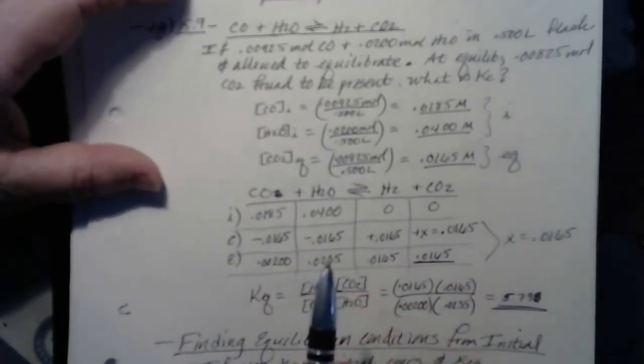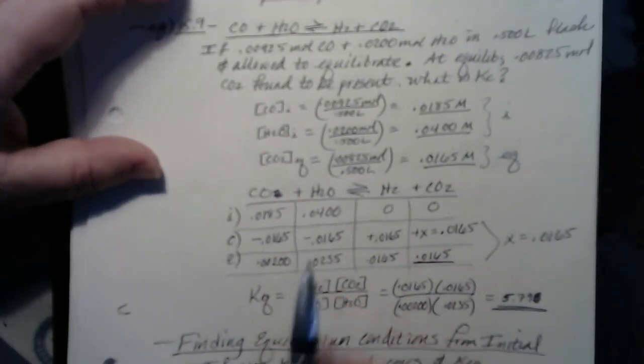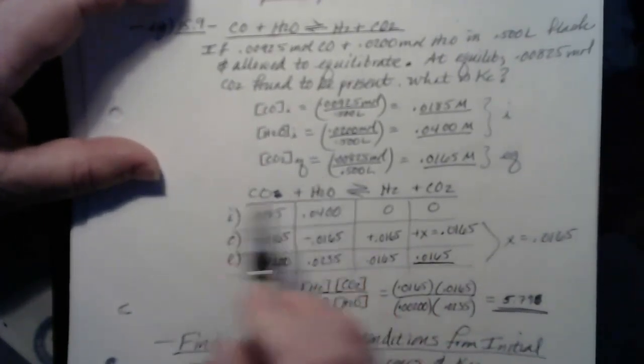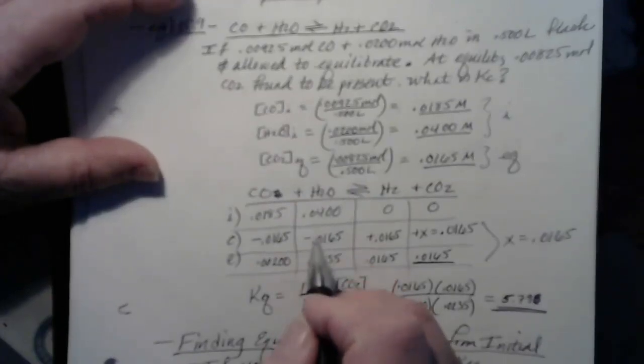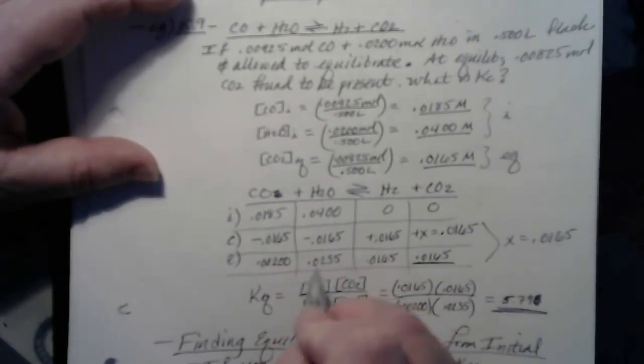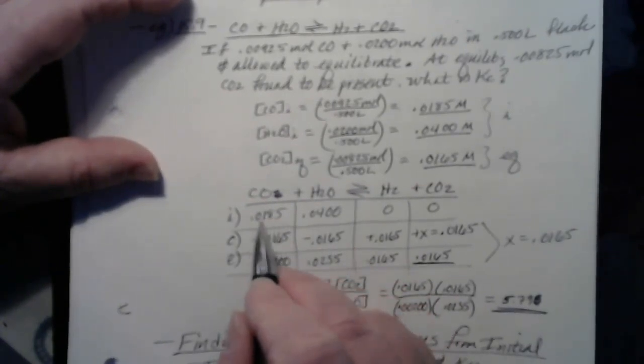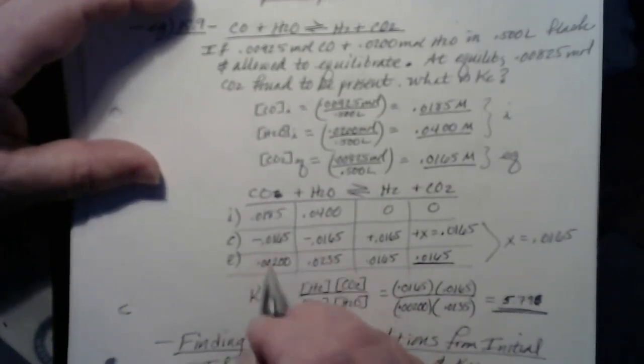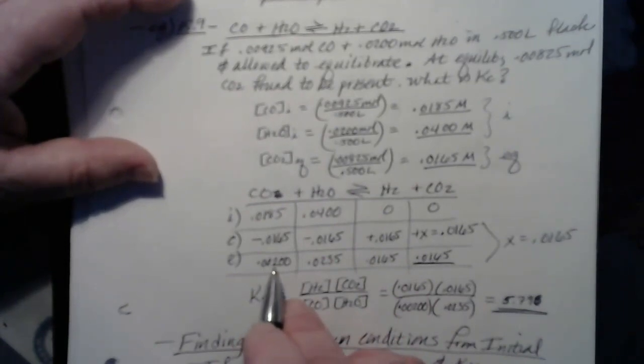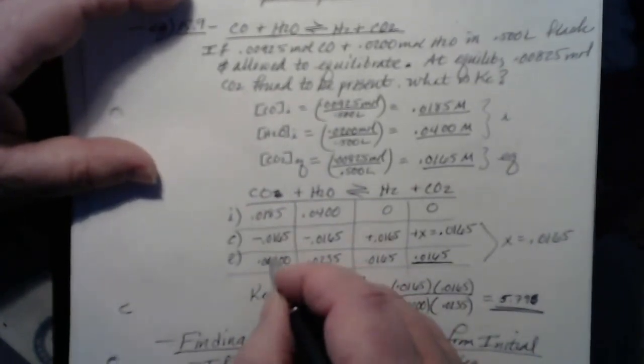For the reactants, you're going to be losing concentration. But again, since everything is 1-to-1, that just means that you're losing 0.0165 molar concentration of H2O, which leaves you with 0.0235 molar. And you're losing the same concentration of carbon monoxide, which leaves you with 0.00200.